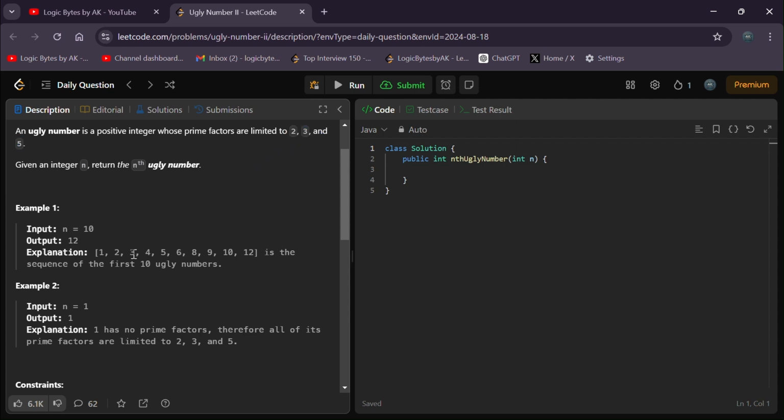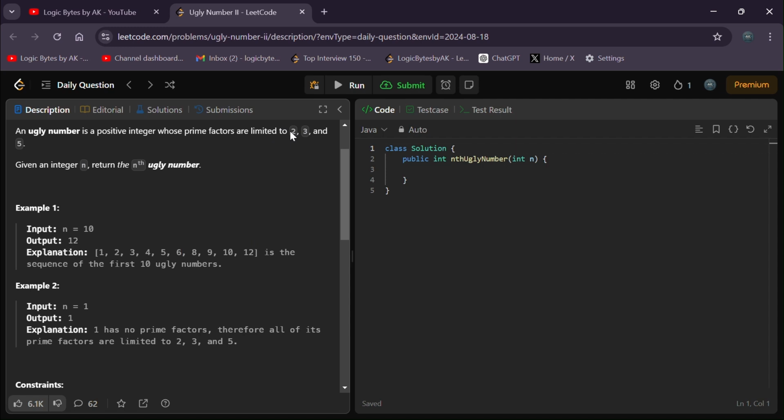So by following these first 10 ugly numbers, what is the pattern that you observed? We are storing multiples of 2, 3 and 5 in ascending order, and you can say that we skipped 7 because we cannot form 7.